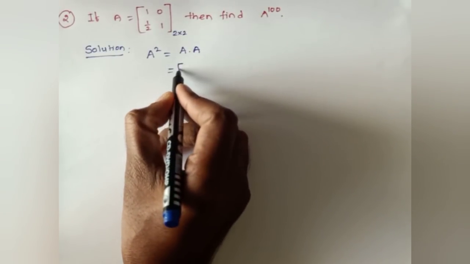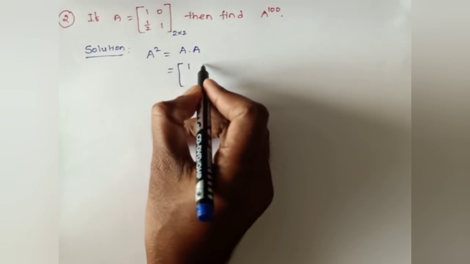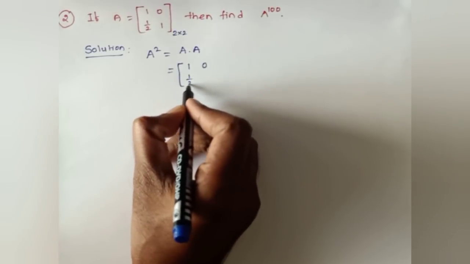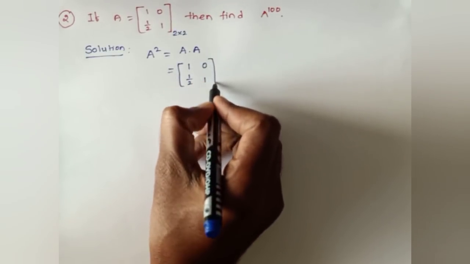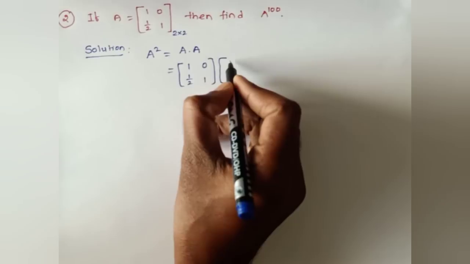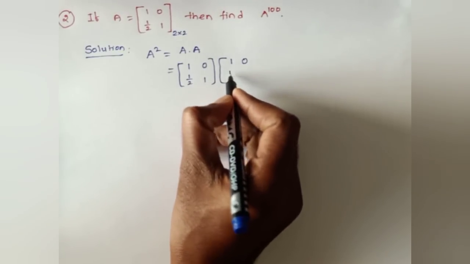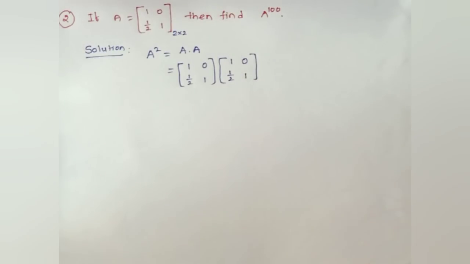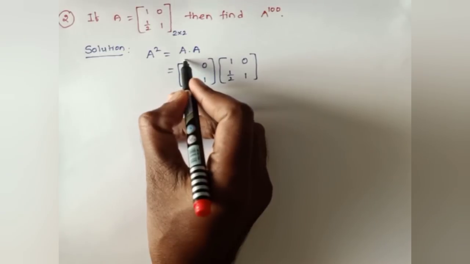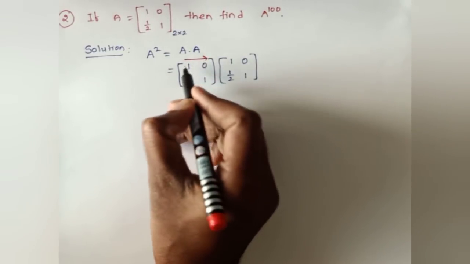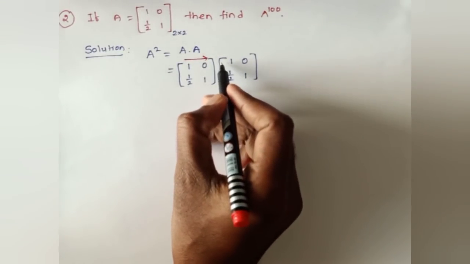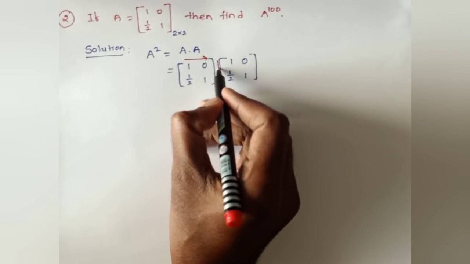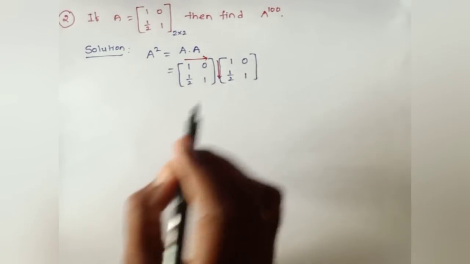Then A square is [1, 0; 1/2, 1] into again A, [1, 0; 1/2, 1]. Here you need to multiply the rows with the corresponding elements of the columns of the second matrix.